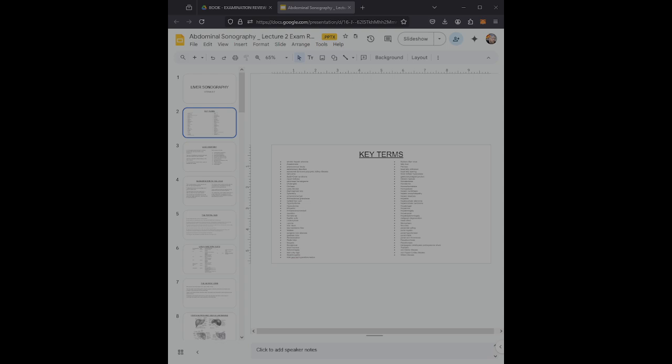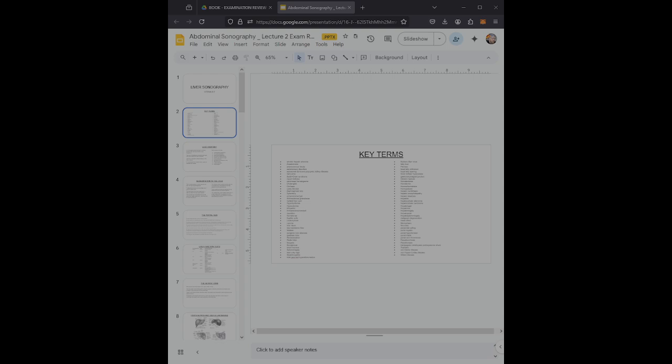The portal triads, this is an assembly of a small branch of the portal vein, the bile duct, and the hepatic artery, and these surround each liver lobule. Portal vein thrombosis, this is the development of a clot within the portal vein.